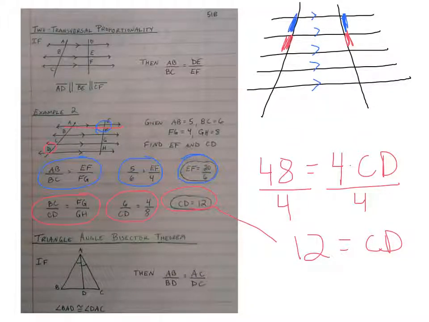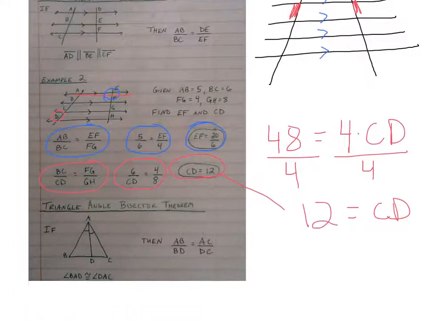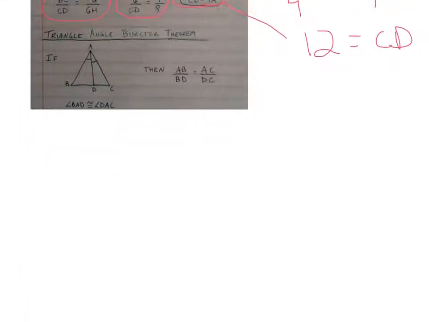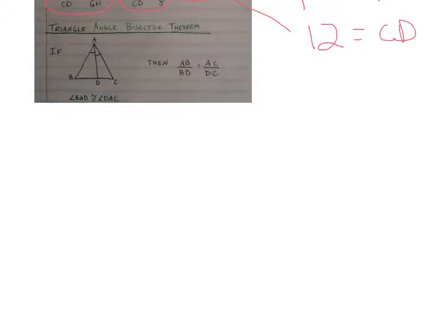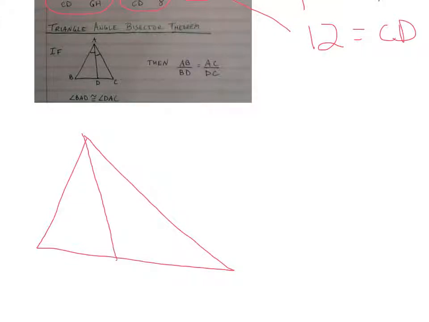All right, the last theorem in this skill is the triangle angle bisector theorem. It states that if we have a triangle and we bisect one of the angles, usually tick marks are shown to show that it's bisected.